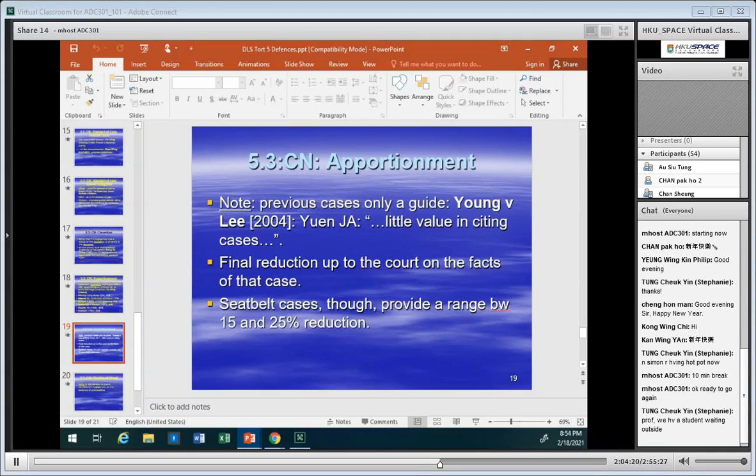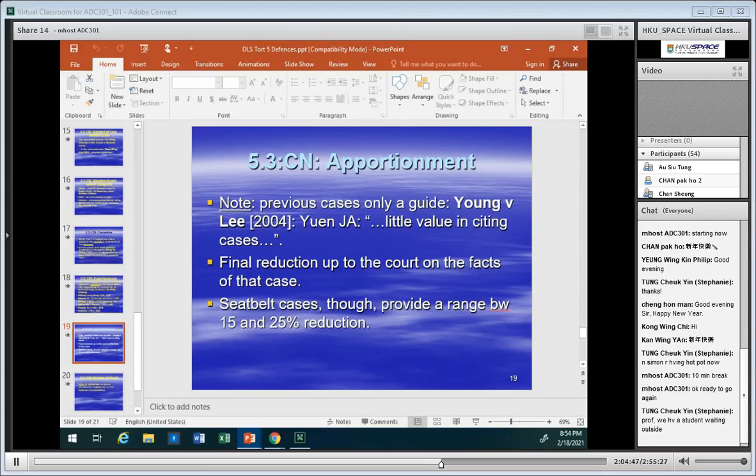Christopher Gordon Young and Lee Chu, from 2004. There is little value in citing cases. The final reduction is up to the court on the facts of that particular case. And though, as I mentioned before, certainly the seatbelt cases range between 15 and 25%, okay. All right. So that's a new PowerPoint.